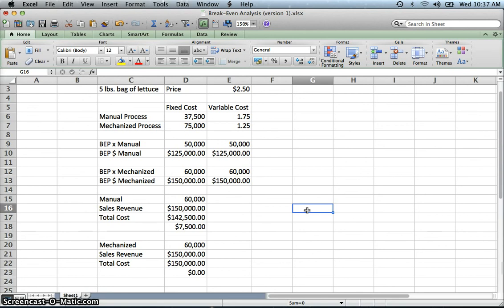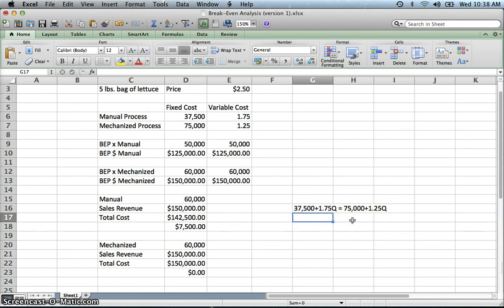So we have figured out this is the 37,500 plus $1.75 Q, and that is equal to then the 75,000 plus the $1.25 times Q. And then it's just a matter of solving for Q. So think back to your basic algebra class. I'm going to subtract 37,500 from both sides. So that will make this 0, and that will lower this amount.